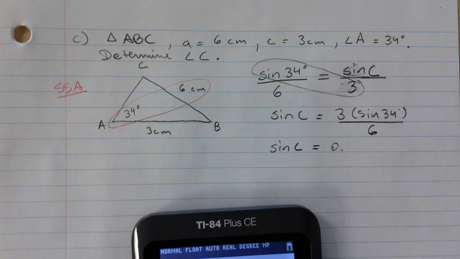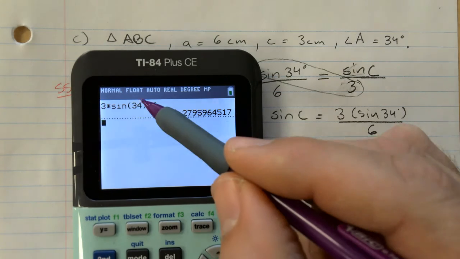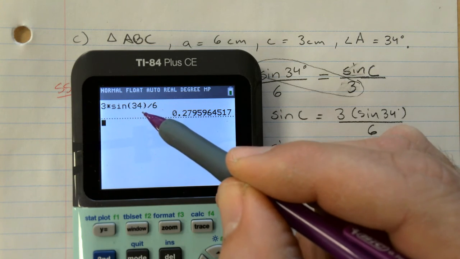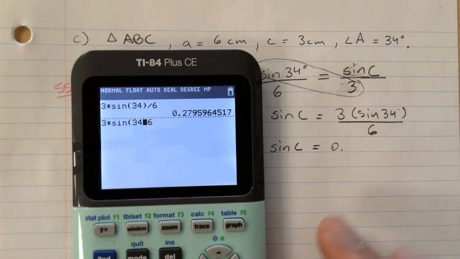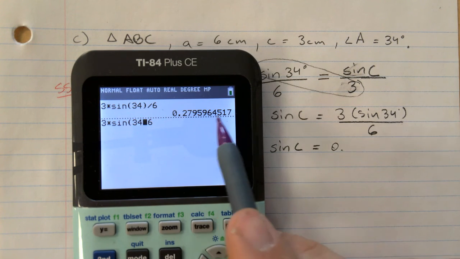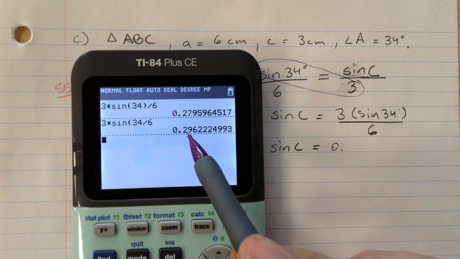3 times sine of 34 divided by 6. Make sure you close that bracket. A lot of students don't bother closing the bracket. I'm never sure if that does make a difference, but let's say you forget. This is what you're supposed to get. And it's different, see?